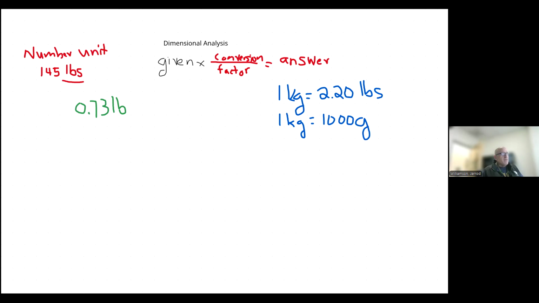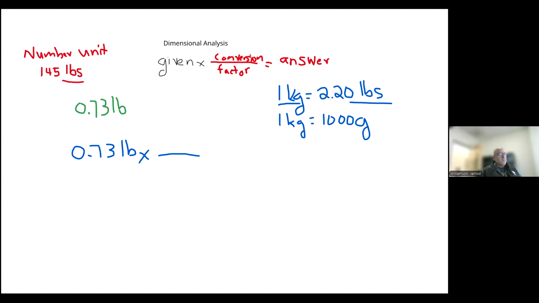So I'm going to take my given 0.73 pounds times conversion fraction. And I'm going to use this piece because it's got kilograms and pounds in it. I'm not going to use the bottom piece because it doesn't have pounds in it.